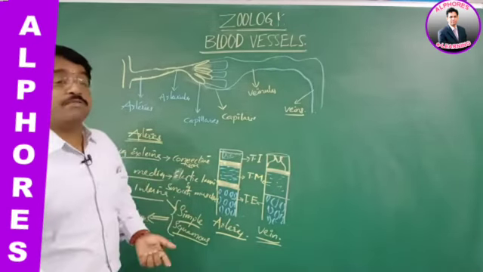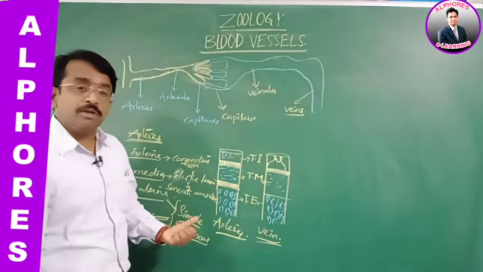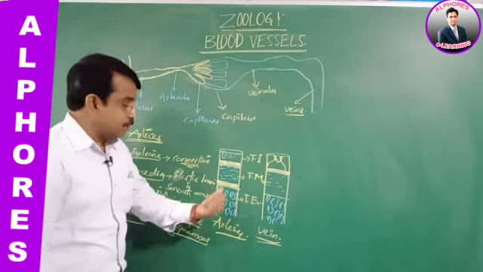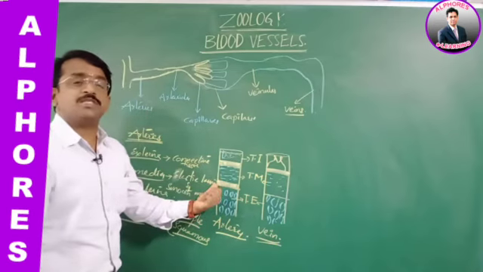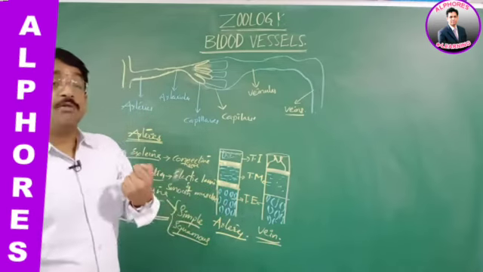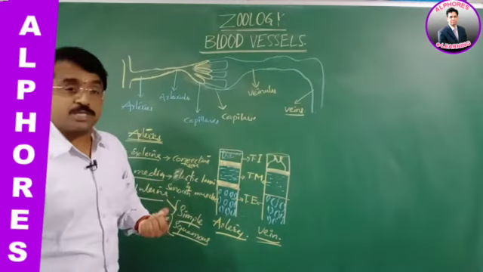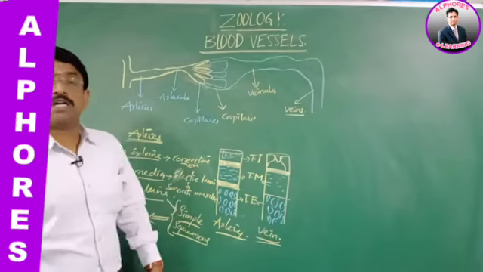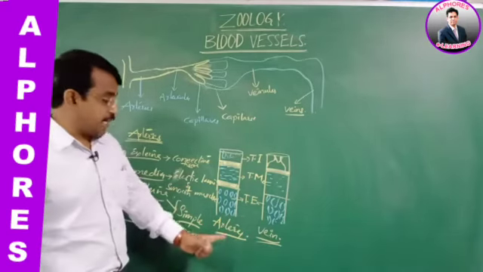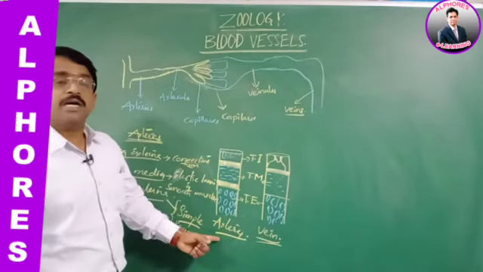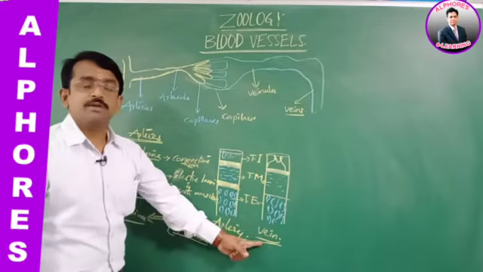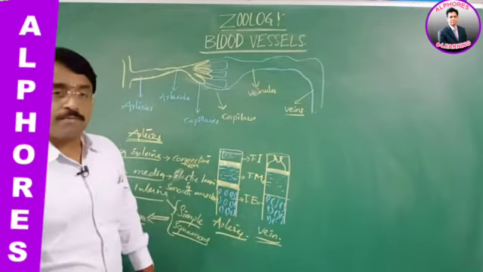As the artery has two elastic laminae, it has thicker walls. The muscle layer in the artery is very thick, which is why arteries have thicker walls than veins. Veins have thin walls.